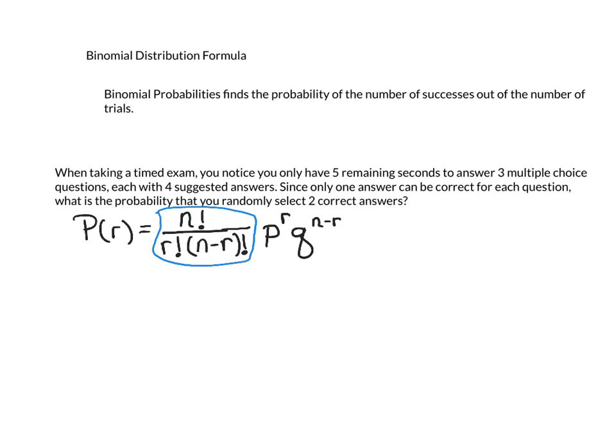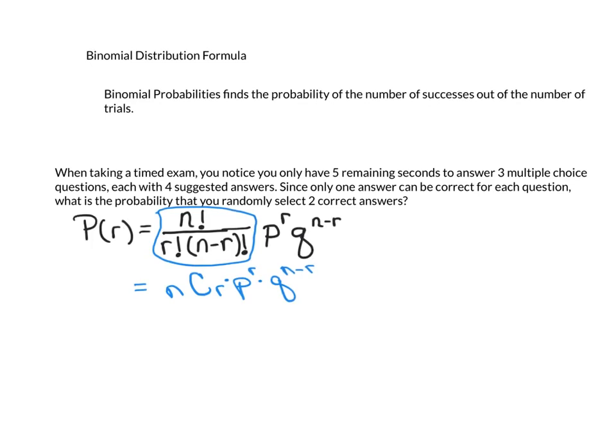And since we will be using our TI-84s, 83s, or Inspire calculators to calculate this, I'm going to replace that with the notation for combinations. So I'm going to write N combination R times P to the R times Q to the N minus R.